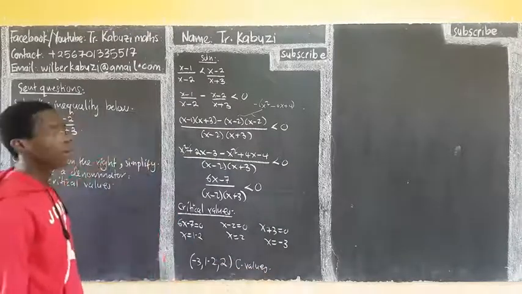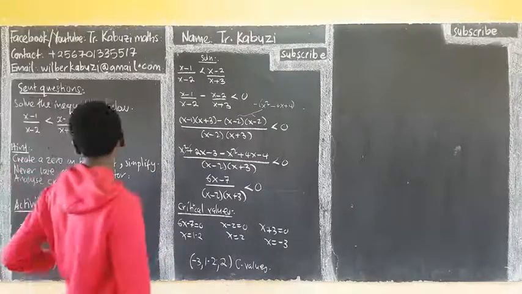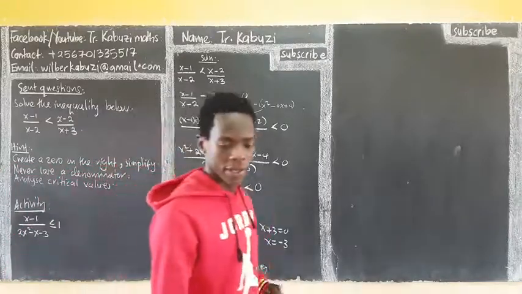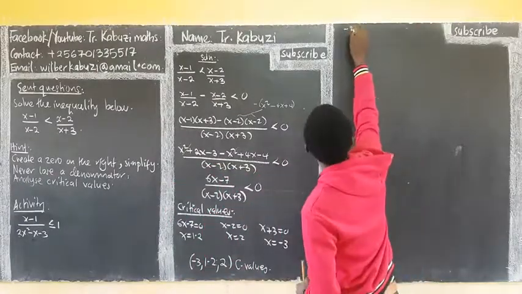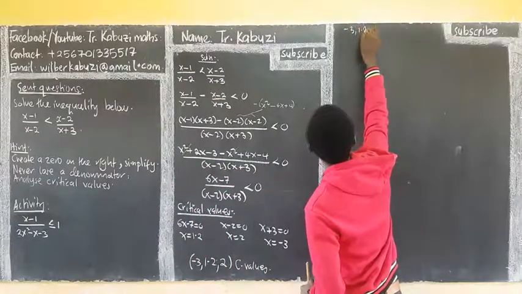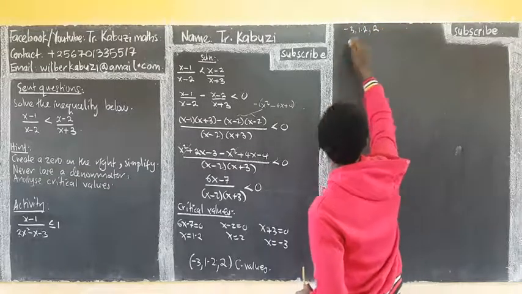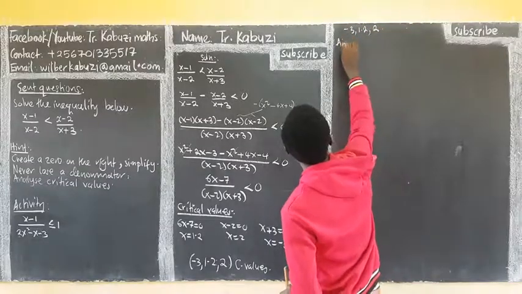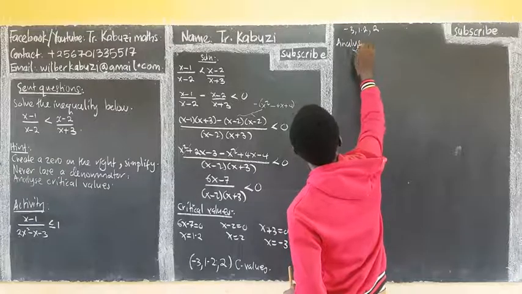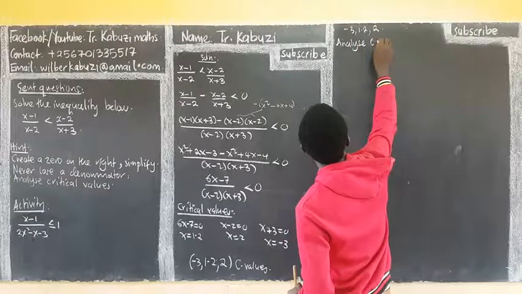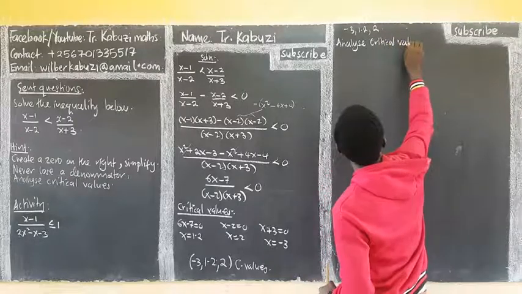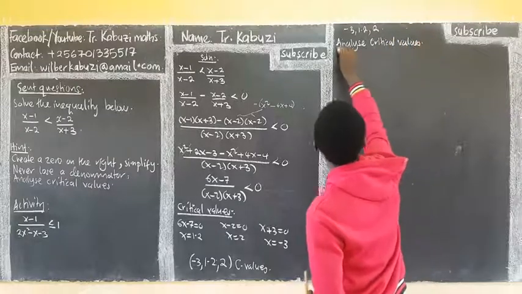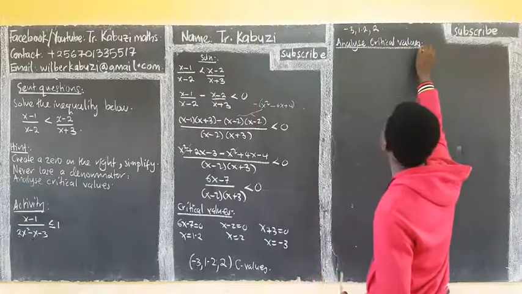Now from here, we have to analyze the critical values. So we analyze below the smallest. So we have negative 3, 1.2, then 2. So, analysis. Analyze the critical values. And then this is what most people call the analysis table.